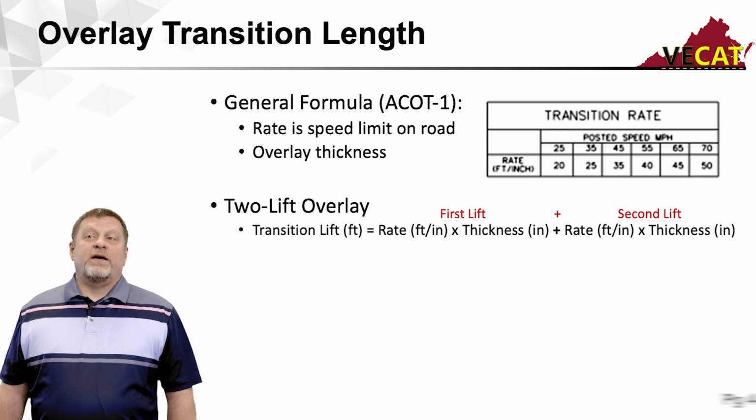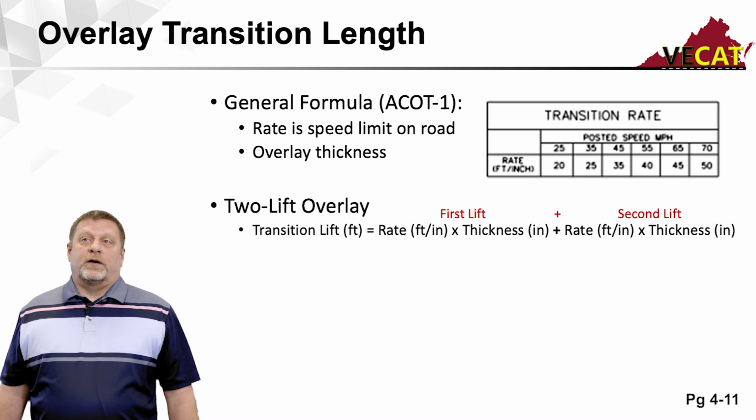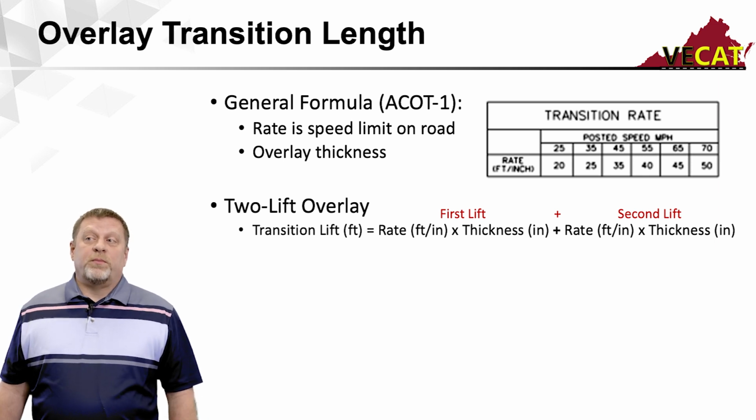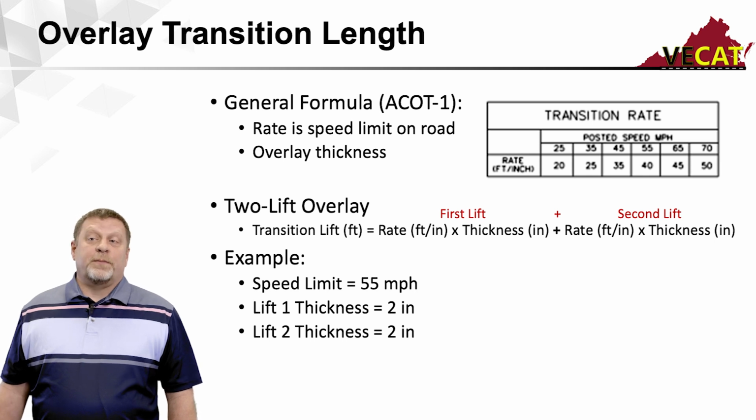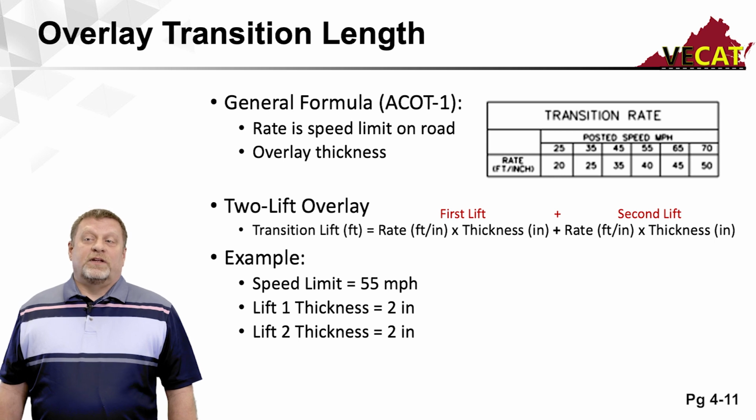Well, what happens when we have 2 lifts? And when I say that, maybe we're doing a lift of IM and then a lift of surface, and it's all overlay. We have to adjust our formula. We have to account for the first lift and then the second lift, and all we'll do is add these 2 transition lengths together. For this example, the posted speed limit is 55 miles per hour. Lift 1 happens to be 2 inches thick, and lift 2, for convenience, just happens to be 2 inches thick as well.